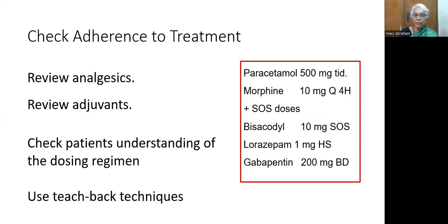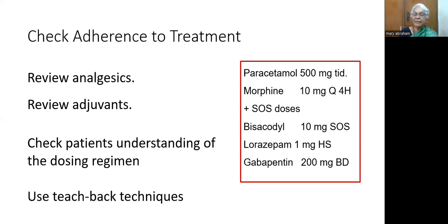Now, adherence to treatment. In this, we have to review his analgesic regime, review the adjuvants that he's taking, check whether the patient has understood the dose regime, and use teach-back techniques.